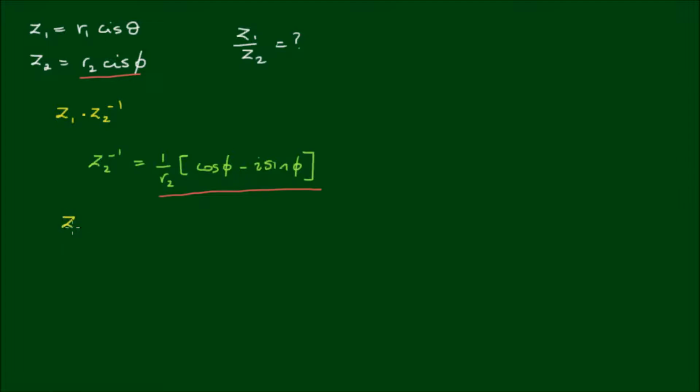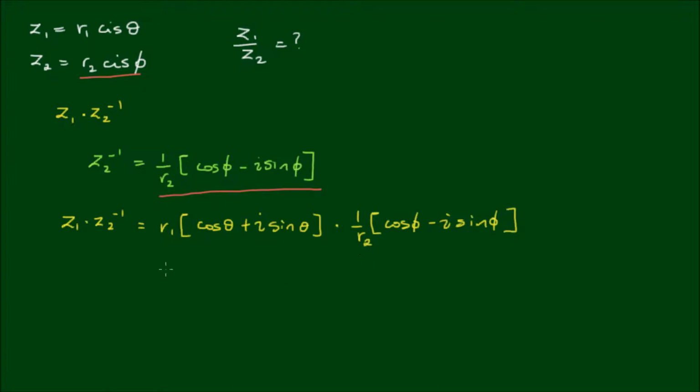So let's carry out z1 multiplied by the inverse of z2. So this is equal to r1 outside of cos theta plus i sine theta multiplied by 1 on r2 outside of cos phi minus i sine phi.